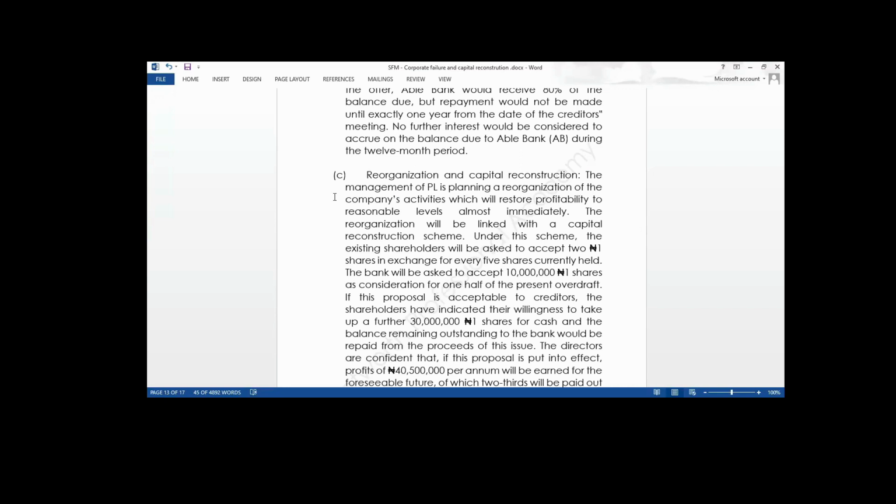That means if you have 5 shares, we are going to tell you to accept 2 shares for 5. Technically, your share value will reduce. So your 5 shares is now equivalent to 2 shares.